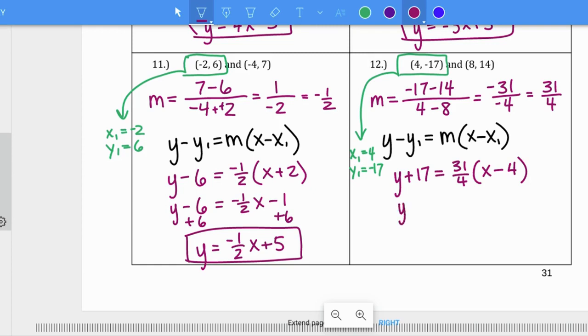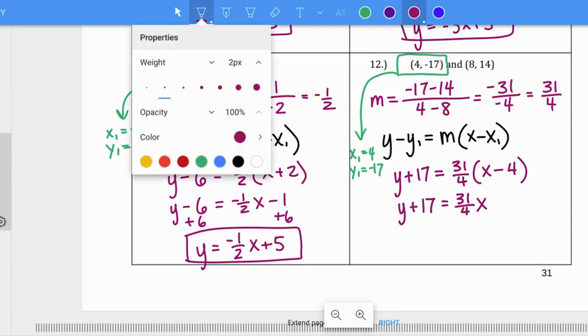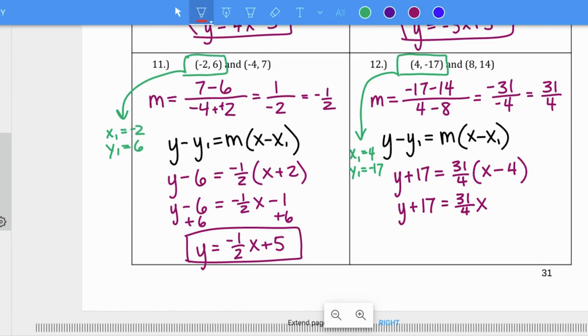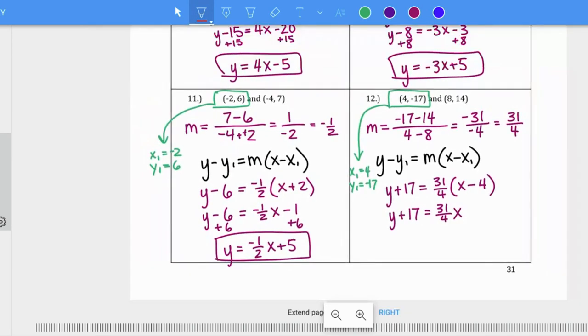Distribute. So y plus 17 equals, this is going to stay my slope no matter what. So there it is next to x. And let's do a little sidebar here. If it'll fit. I don't know if it'll fit on the video. 31 over 4 times 4, or 4 over 1. These 4s will actually cancel.